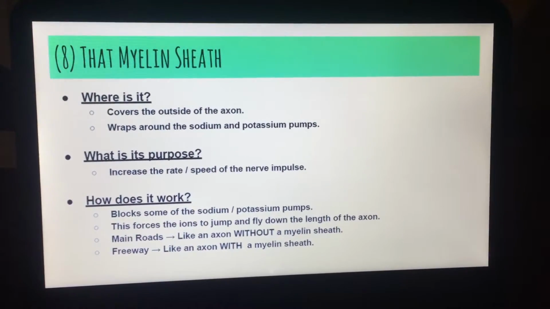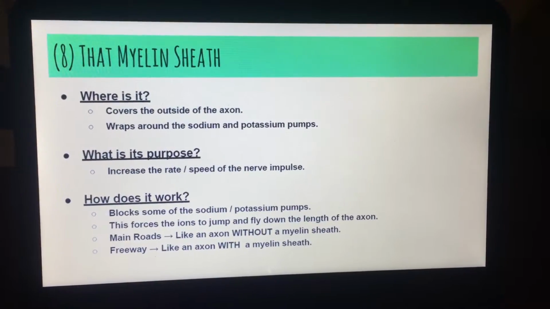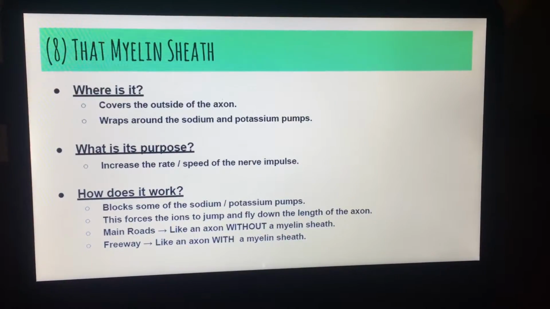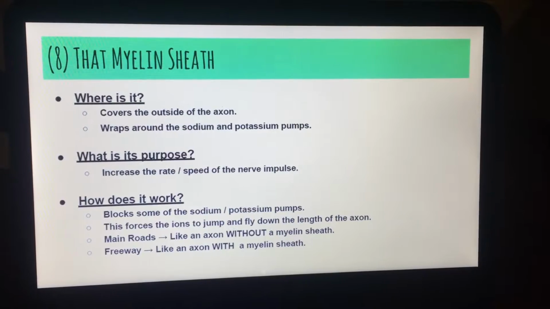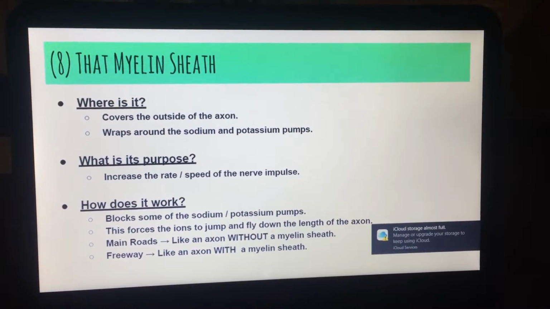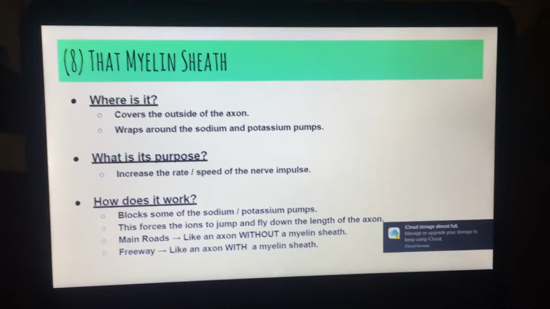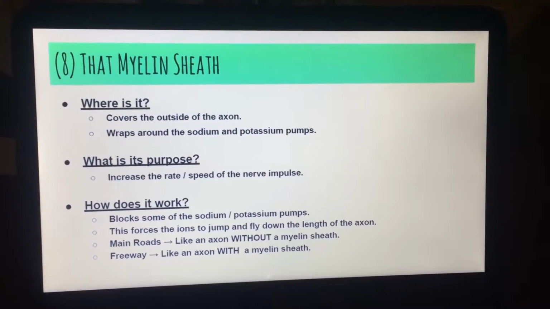Okay, sorry. So again, driving on main roads is like using a non-myelinated neuron to send an impulse. When you're on a main road and you're driving, you have to stop every block or mile at a stop sign or a stoplight. Then you have to go for another mile or block only to stop again, wait, go another block or mile, stop, wait.